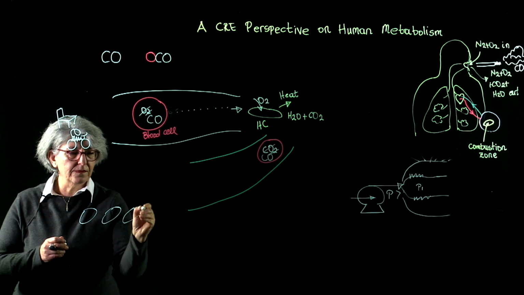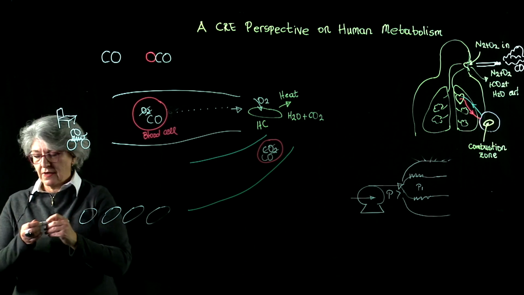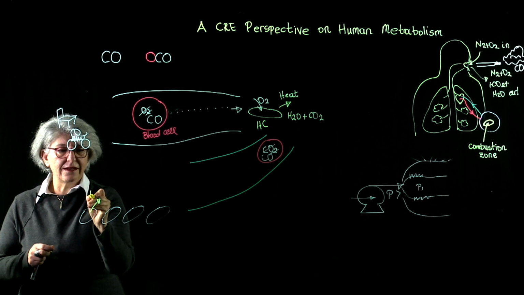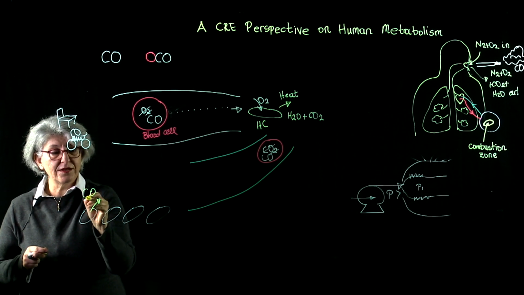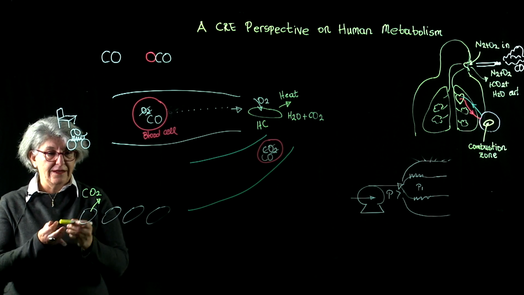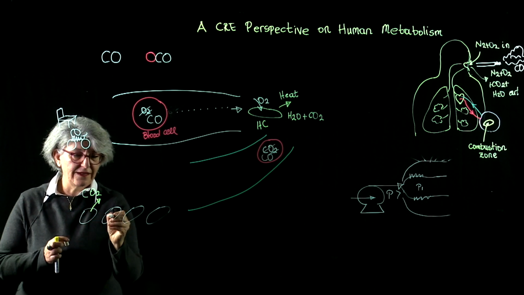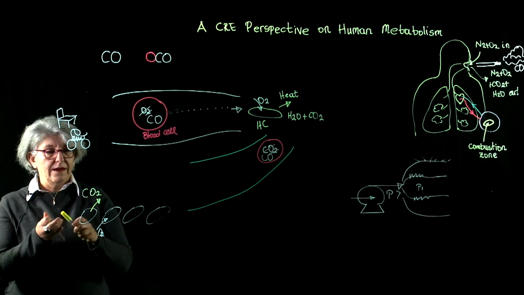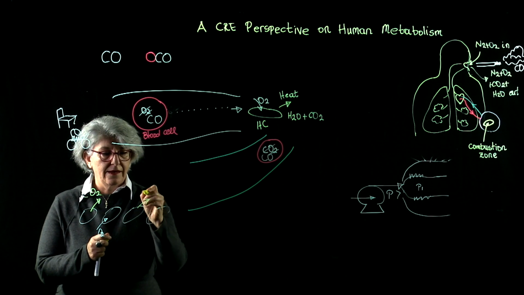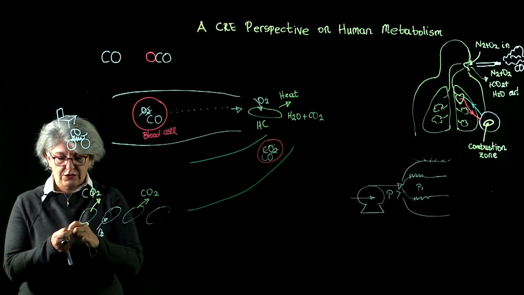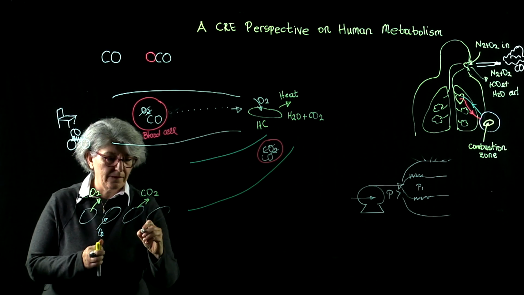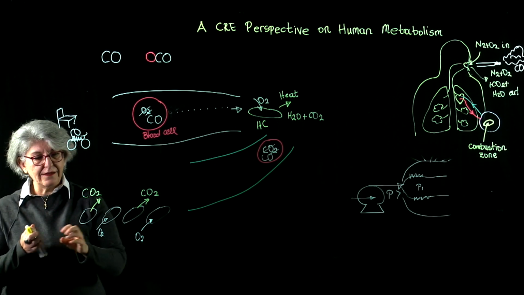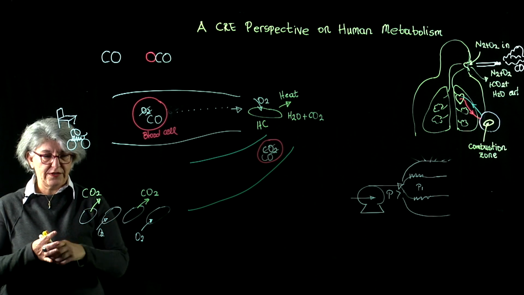So while this cell is discarding carbon dioxide, this cell is intaking oxygen, and so forth. And as a result, I have a continuous process.